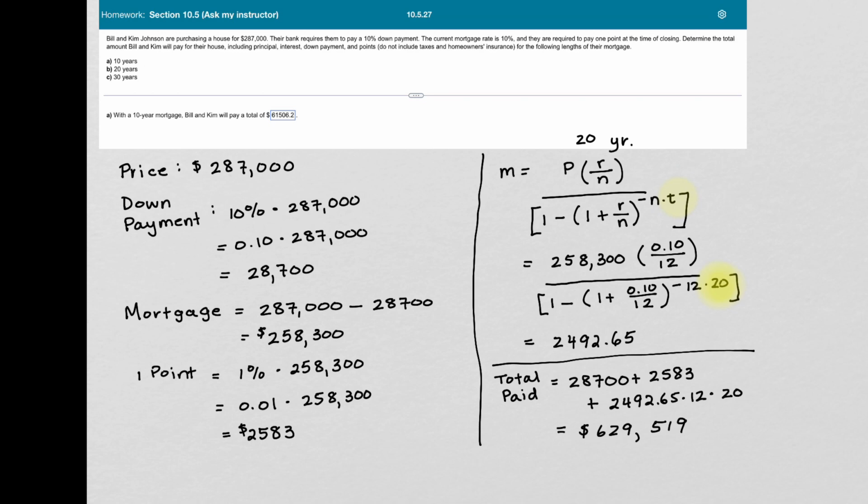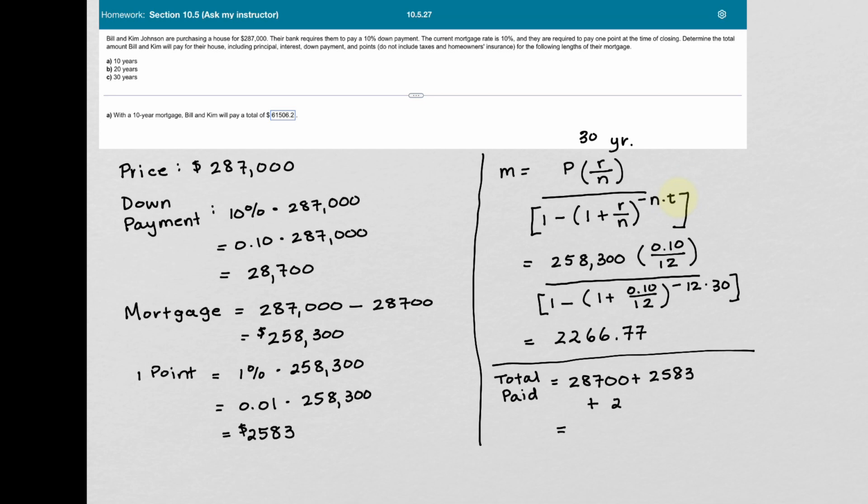So now I'll go back and change my years to 30 years. Okay. So now we have 30 years in there for the time, and that gives us a monthly payment of $2,266.77.